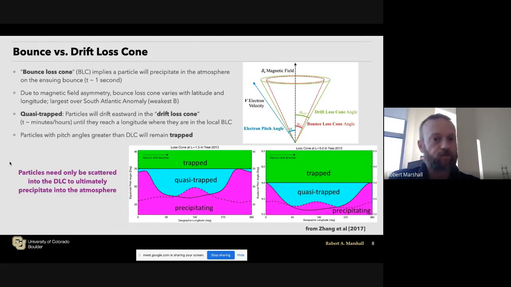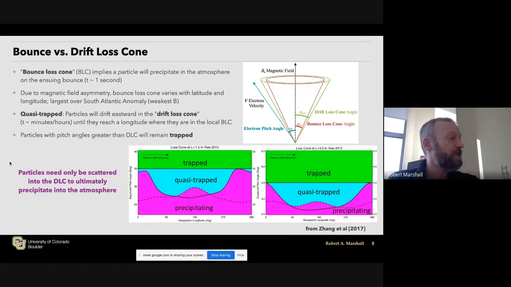So we refer to these particles that are not in the local bounce loss cone, but are in the South Atlantic anomaly's bounce loss cone, as quasi-trapped particles or particles in the drift loss cone, because they will ultimately drift into the loss cone and be precipitated.